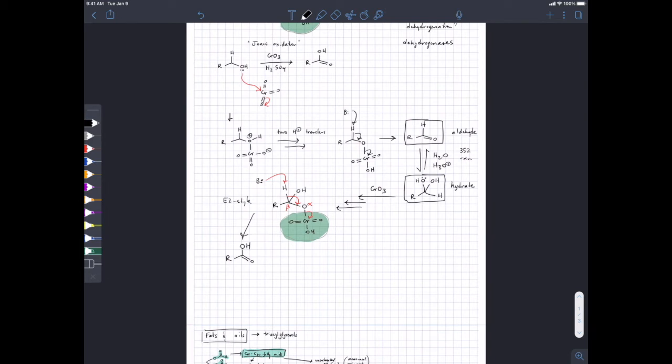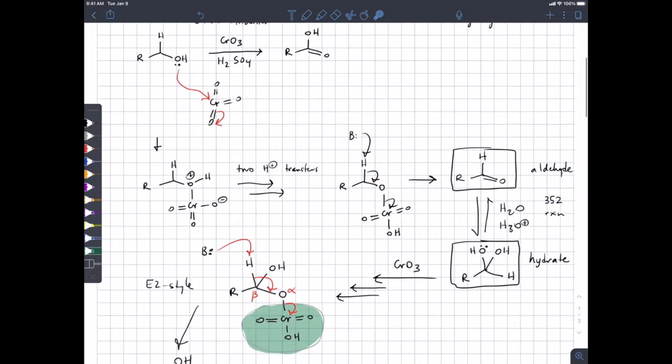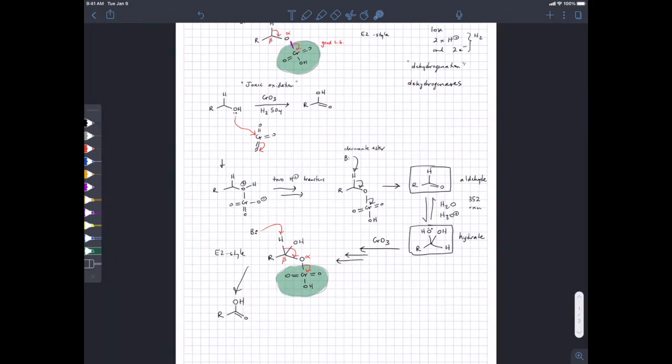So there's really not a new mechanism here, aside from the fact that we're pushing arrows a little bit differently to get to the Zwitter ion, which then goes through proton transfers to get the familiar chromate ester. But other than that, getting to the aldehyde is exactly the same.